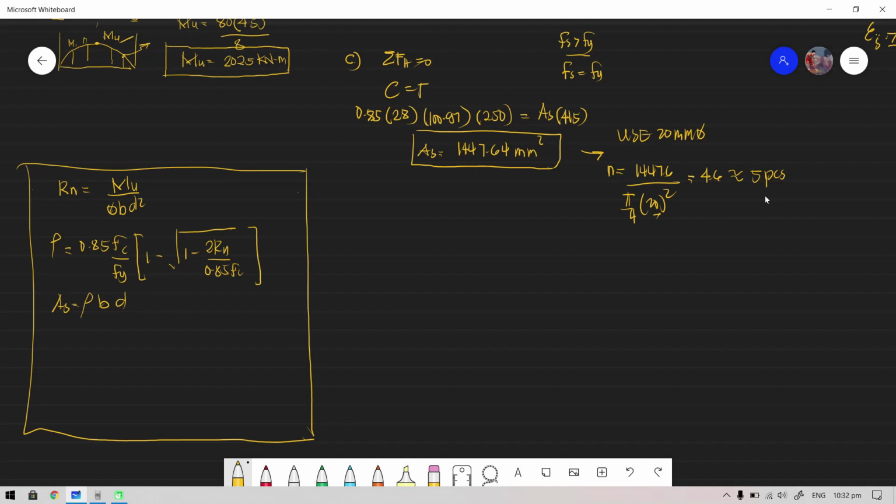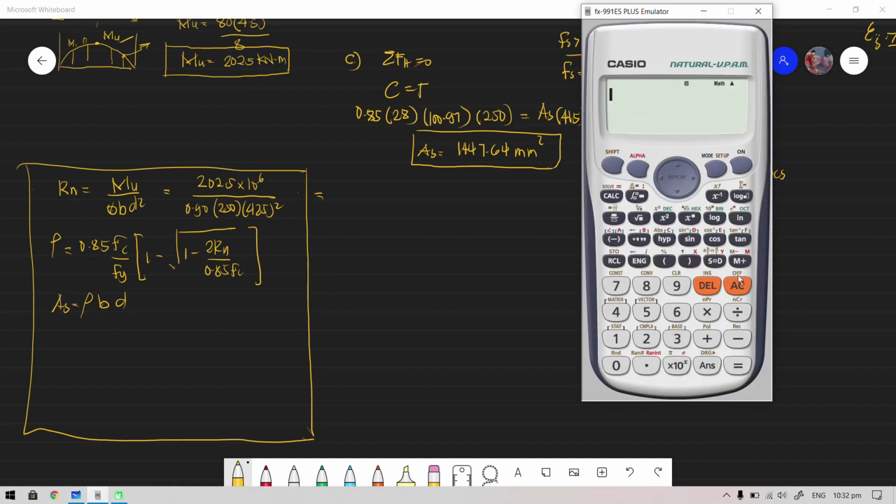So, check natin. So, nakukuha natin yung Rn, which is Mu, we have 202.5 times 10 raised to 6 over phi, which is 0.9. Ang B natin is 250. And then 425 squared. So, ano yung magiging Rn? Check lang natin.